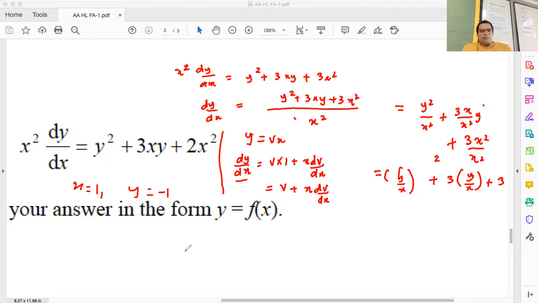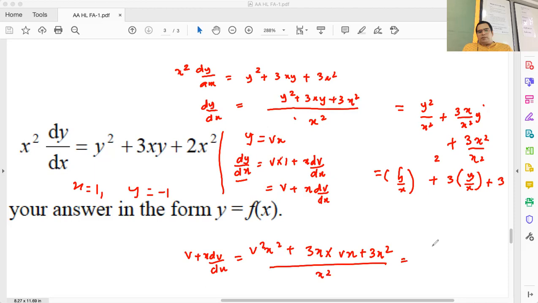So v plus x dv/dx equals, in place of y, you put vx: v squared x squared plus 3x times vx plus 3x squared, all over x squared. So you get v squared plus 3v plus 3, since x squared is common and cancels out.